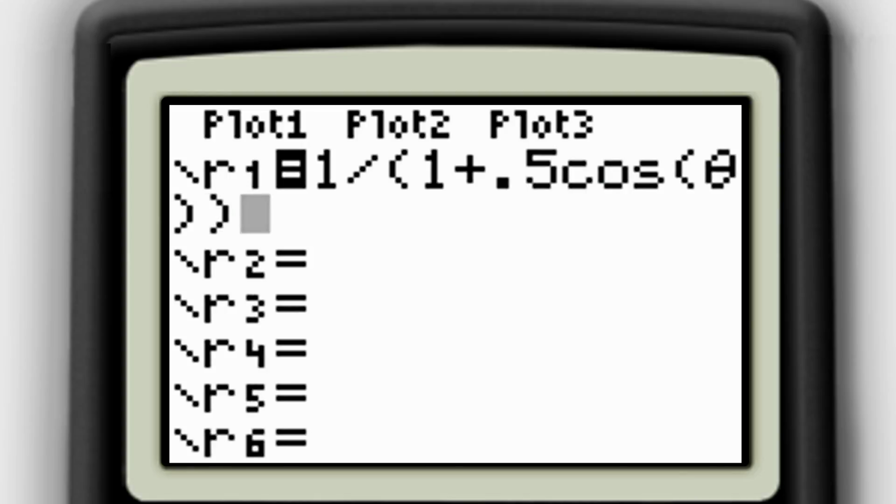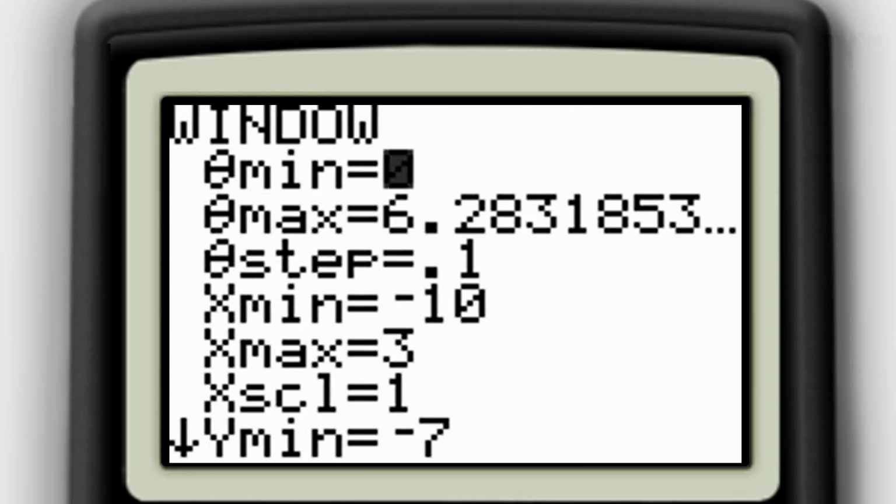For our window, let's still leave theta min 0, theta max 2 pi, and our theta step 0.1. But let's take our x min from -3 to an x max of 3 and an x scale of 1.